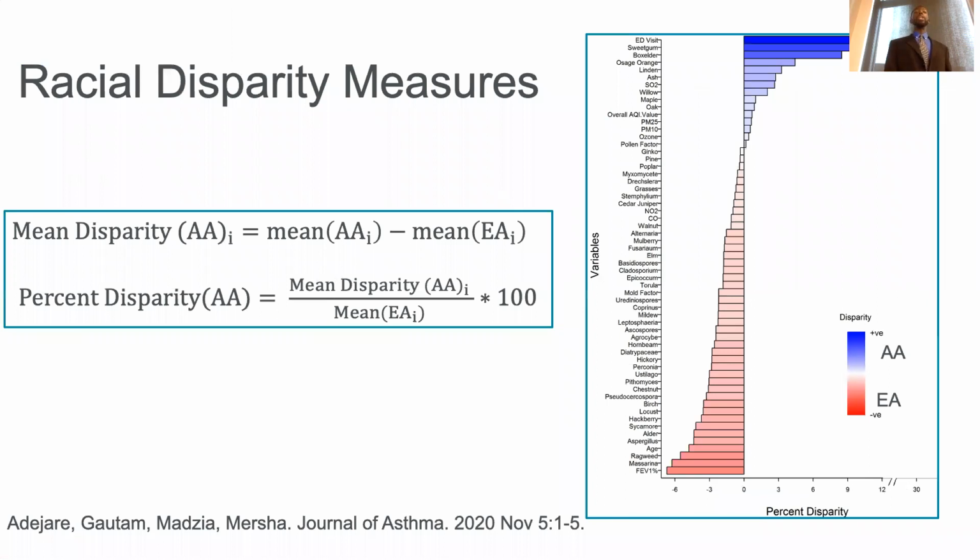Now looking at the racial disparity measures, we see that African Americans are more frequent ED visitors at the top with the percent disparity, but they had the lowest FEV1 values at the bottom. And we were able to demonstrate with the disparity index that African Americans are more strongly influenced by various covariates compared to their European American counterparts.